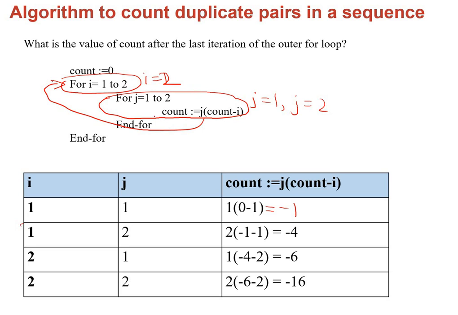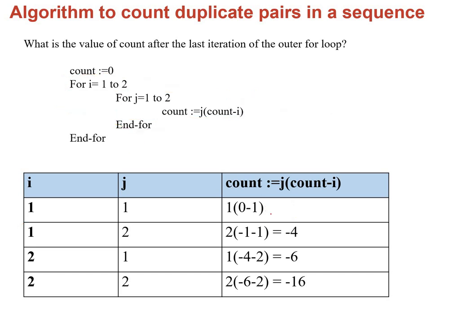So you go to the next row and write I is still 1, because the inner loop is not done. j is going to be 2 now. Make sure you get this point, because students would write the next value of I as 2. Don't do that. Finish the inner loop first and then go to the outer loop.